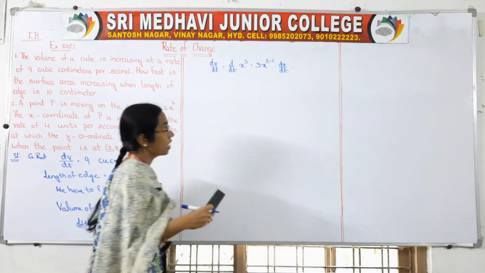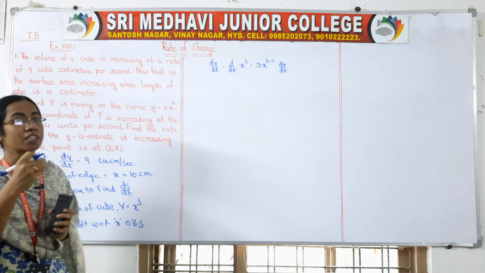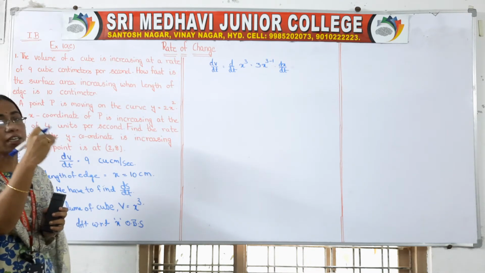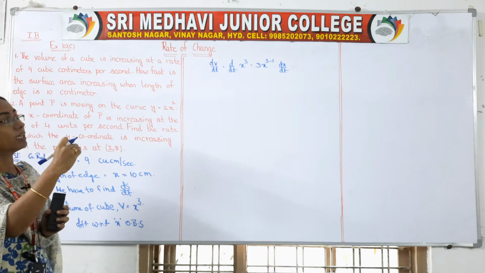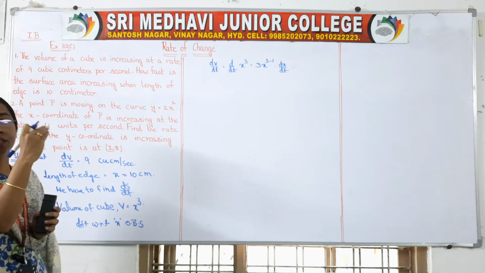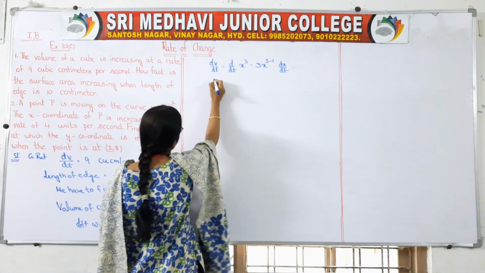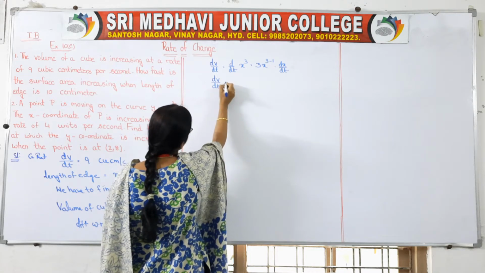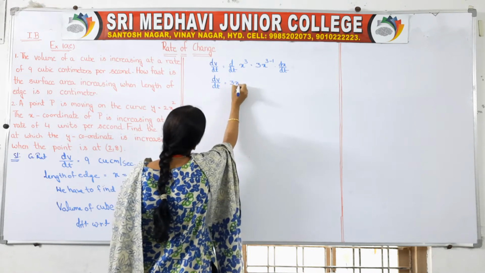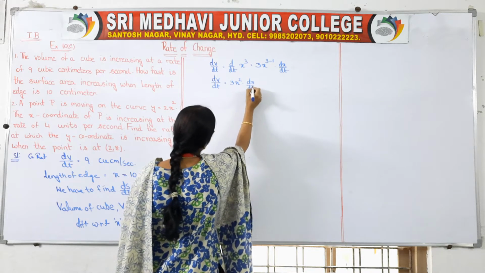If it were only differentiating with respect to x, it would be d by dx of x. But since we are differentiating with respect to t, we have to take d by dt of x. So your dV by dt is equal to 3x square into dx by dt.